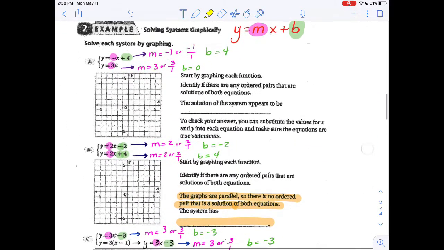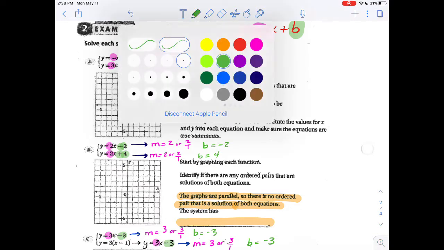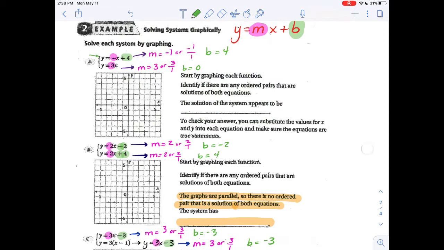And again, solving those systems, that y equals mx plus b. So I've already kind of mapped it out for you, told you what the slopes are by just looking at the equation. And now we're going to go ahead and graph them. So let's go ahead and graph that first equation right here. Again, starting with your y-intercept at 4.